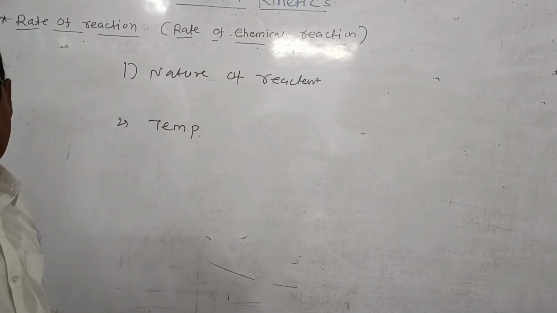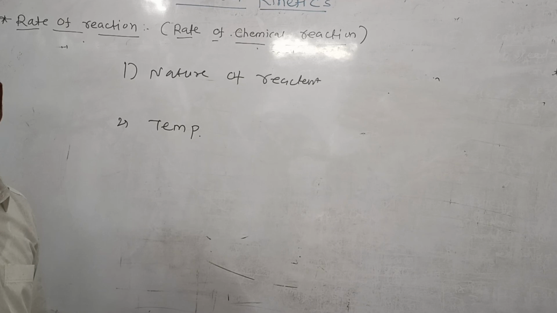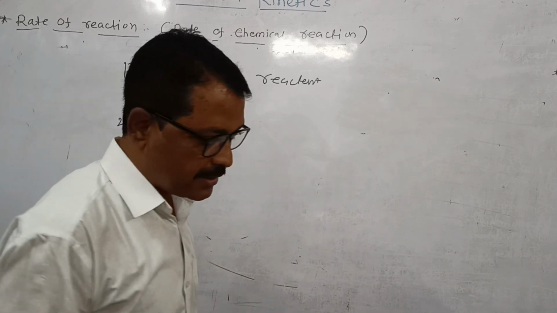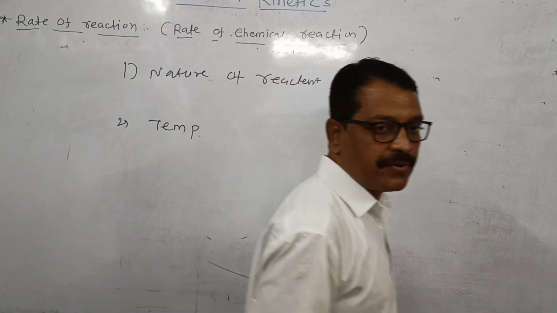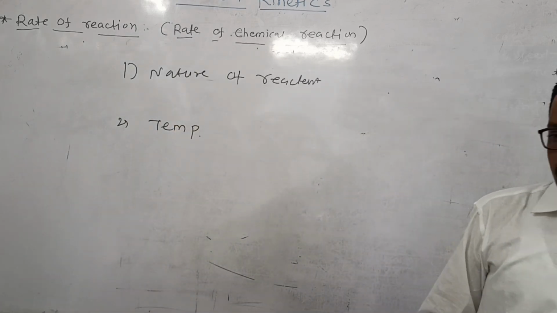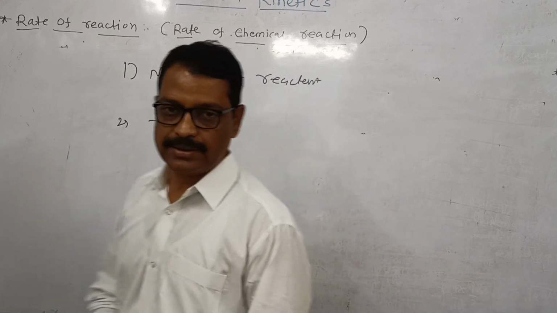In case of a gaseous reaction, the rate depends on the pressure of the reactant. Third, temperature of the reaction. Last, the presence of a catalyst and its amount. There are four factors affecting the rate of chemical reaction. Okay, thank you.